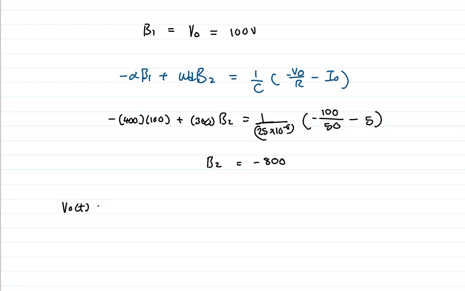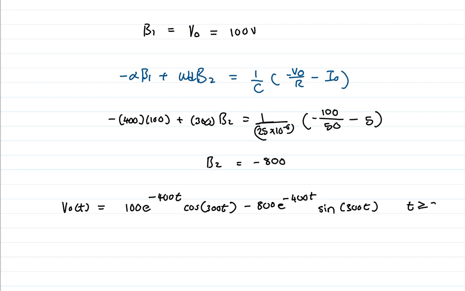VO is equal to B1, which is 100, e to the power of negative Neper frequency, which is 400 t, cosine of the damping frequency, which is 300 t, minus B2, 800, e to the power of minus Neper frequency t, sine 300t, for t greater than or equal to 0. So this is our final answer.